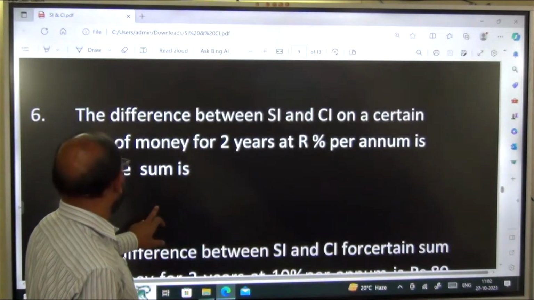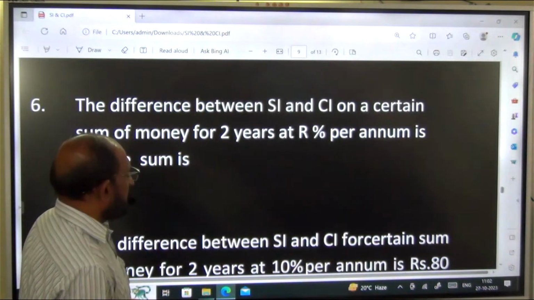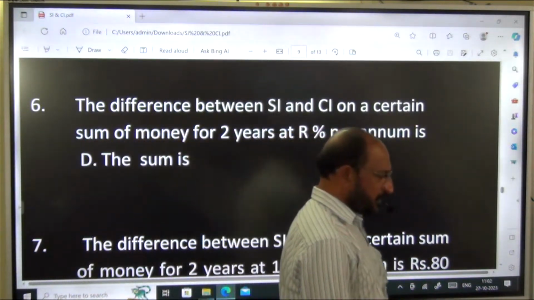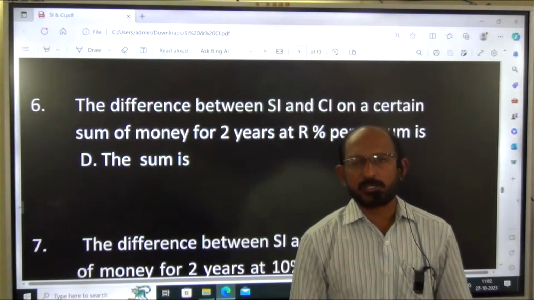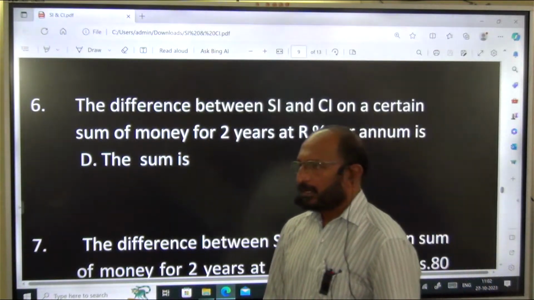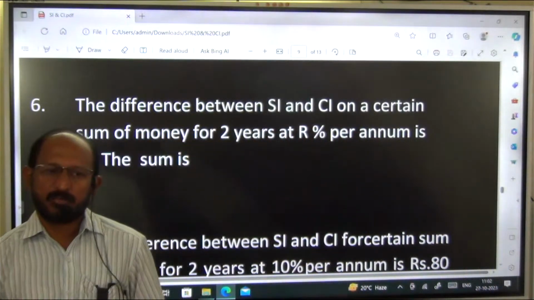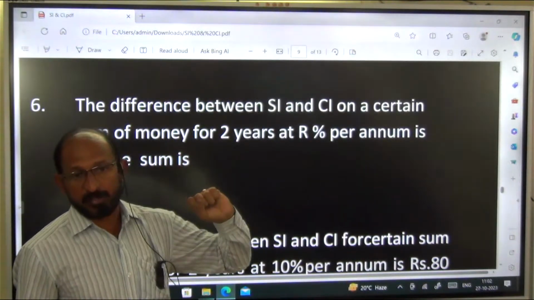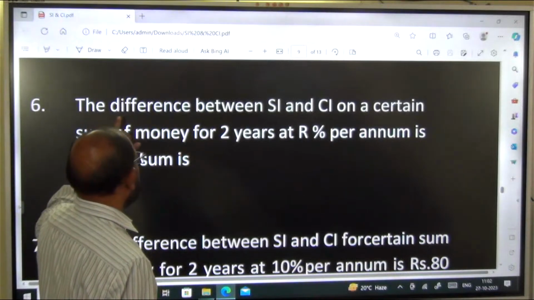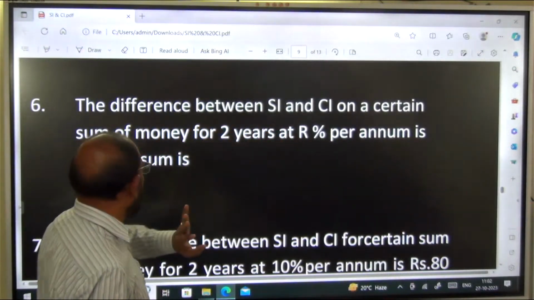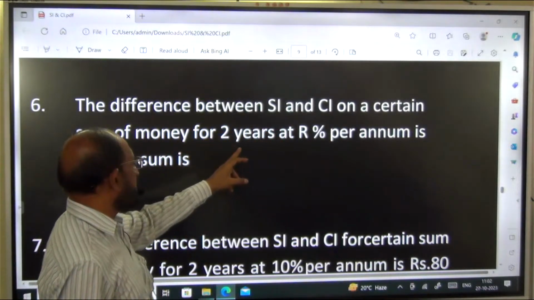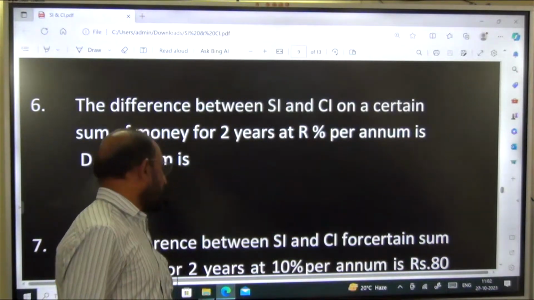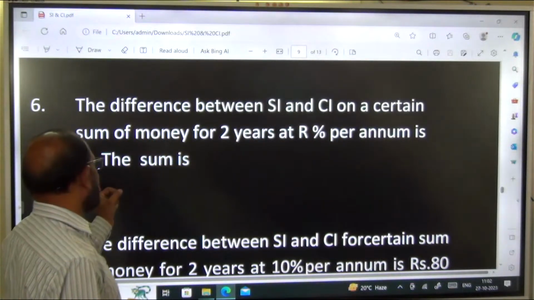Next, here the difference between compound interest and simple interest is given, then to find the principal. Those are very important problems. The difference between SI and CI on a certain sum of money for 2 years at R% per annum is D. The sum is?